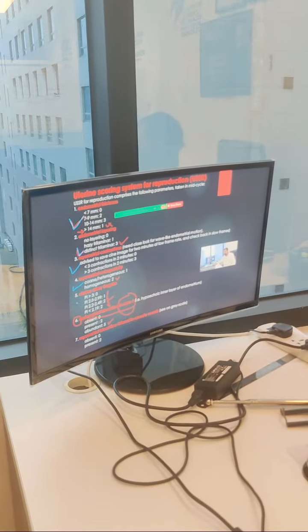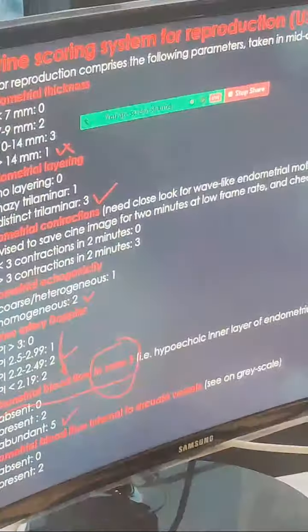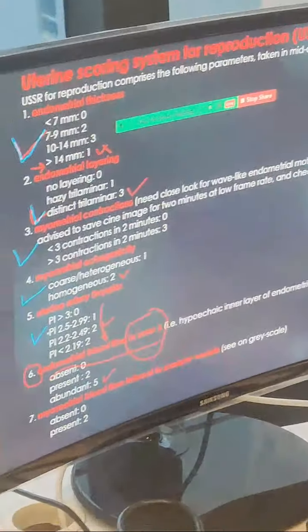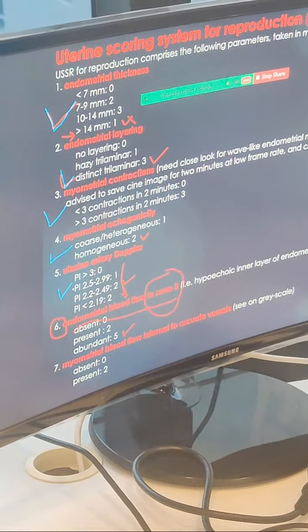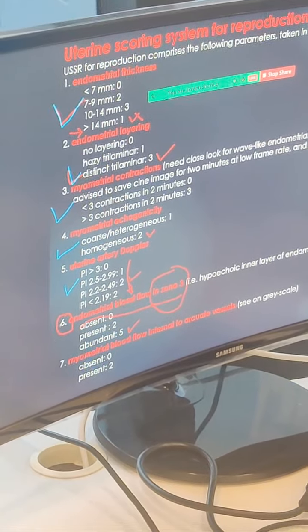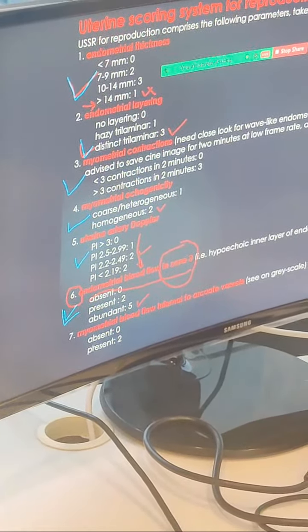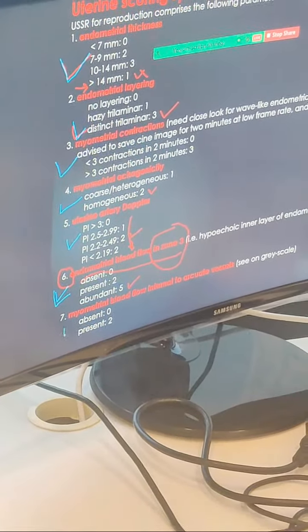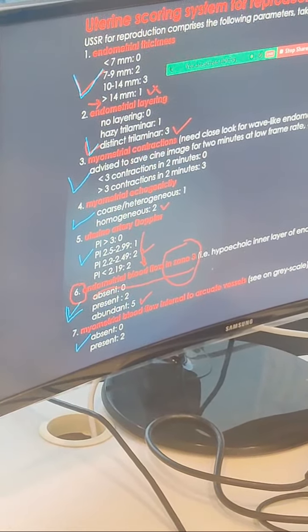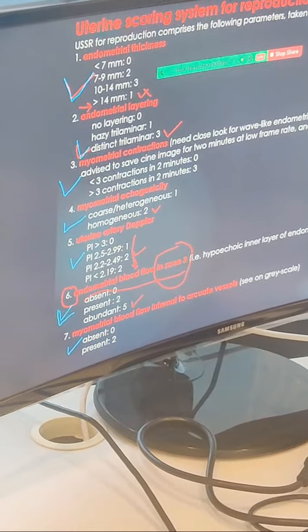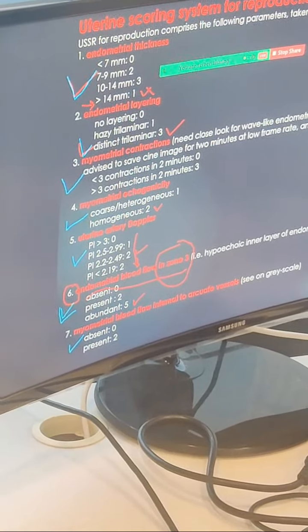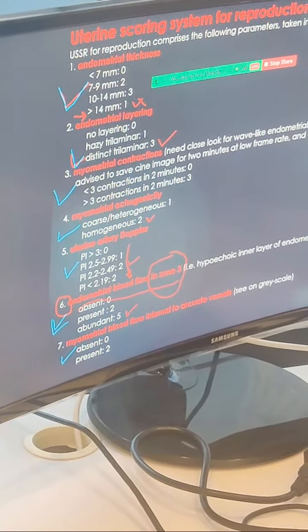Then put a Doppler and see for any decrease in the PI. More decrease, more the points. And see for this vascularity, which is very important. And you can see the myometrial blood flow internal to the arcuate vessels also. So this is what you have to see in the uterus in an infertility scan.